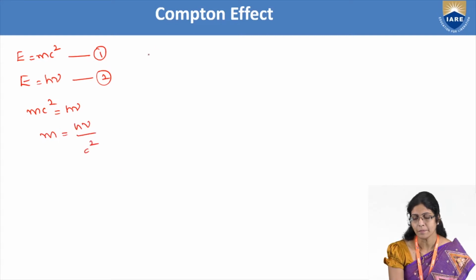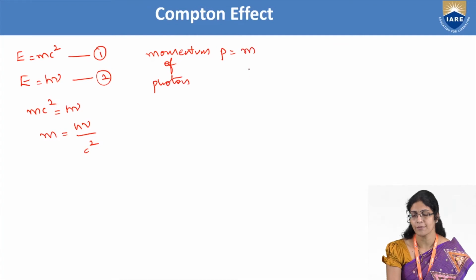What is the momentum? P is equal to the momentum of the photon. P is equal to mass, the effective mass, times the v.